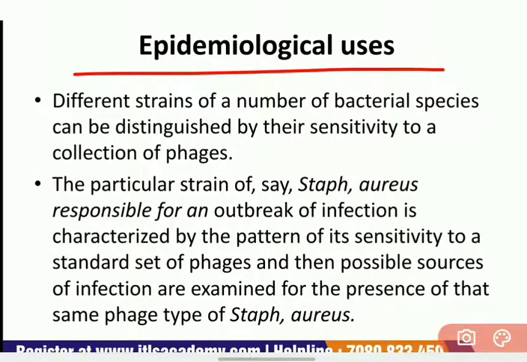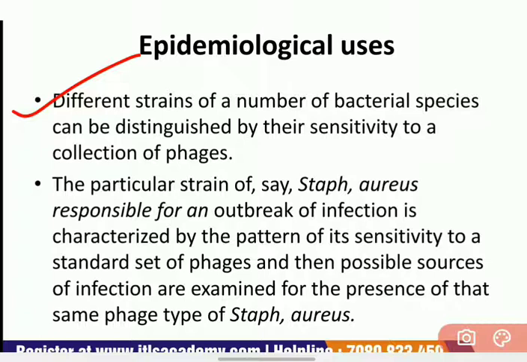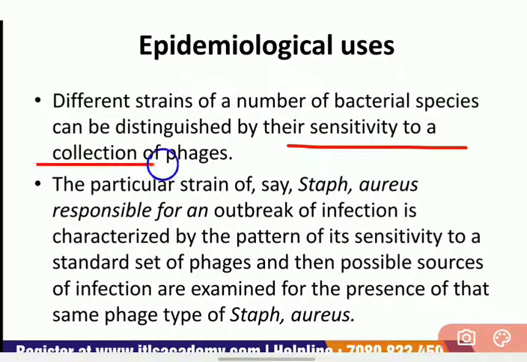Here come the epidemiological uses. Different strains of a number of bacterial species can be distinguished by their sensitivity to a collection of phages. Bacteria which can be typed in this way include Staphylococcus aureus and Salmonella typhi.